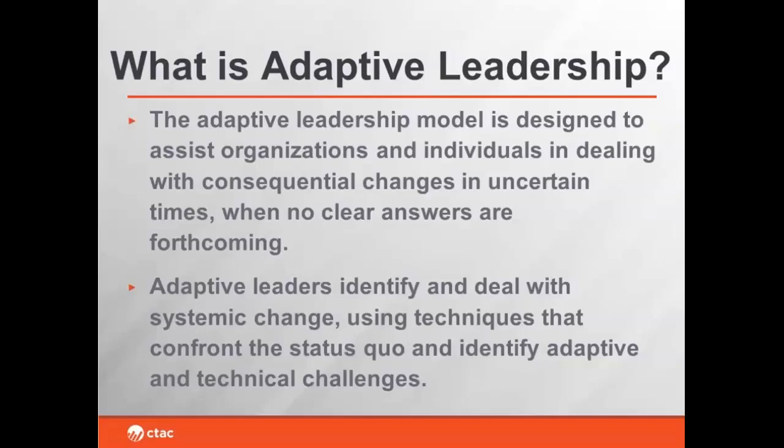And that's going to require using techniques and approaches that are going to confront the status quo so that we can confront the fact that change is actually needed. And it also means being able to distinguish between what problems or challenges we have in the organization in which there is a technical solution, and what that means is there's an answer that exists somewhere in the world to that challenge.